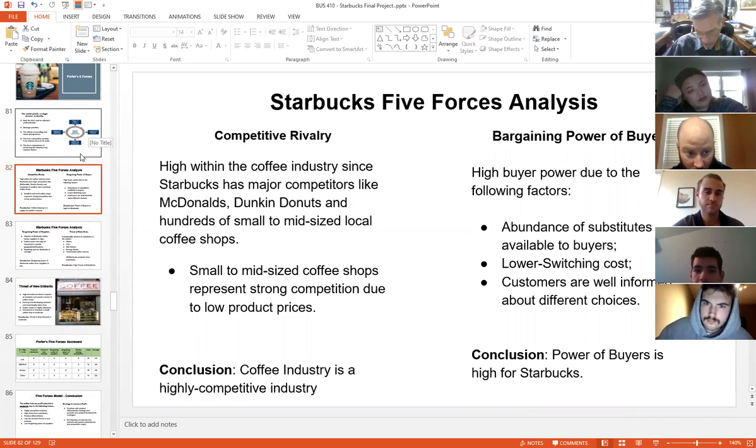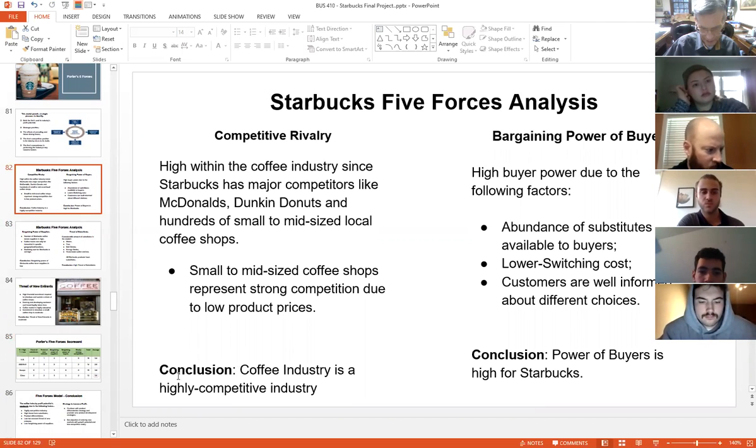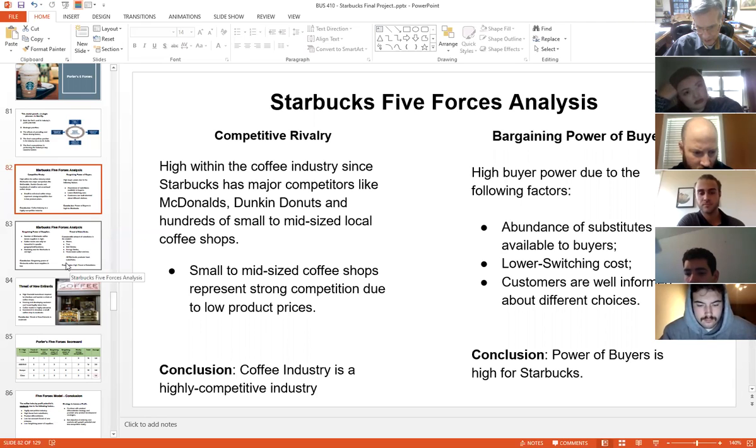Okay, so here we have the Starbucks 5 forces analysis. Competition is high within the coffee industry, since Starbucks has major competition like McDonald's and Dunkin' Donuts. So the conclusion is that the coffee industry is highly competitive. Then the bargaining power of buyers is high for Starbucks due to the abundance of substitutes available to buyers and the low switching cost.